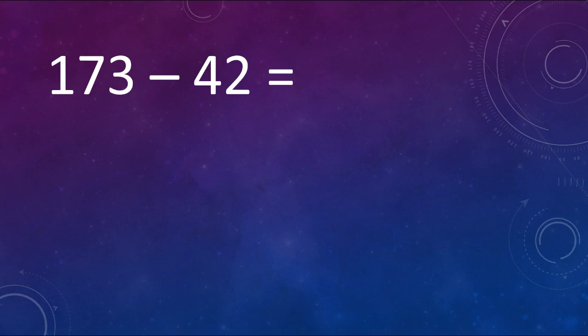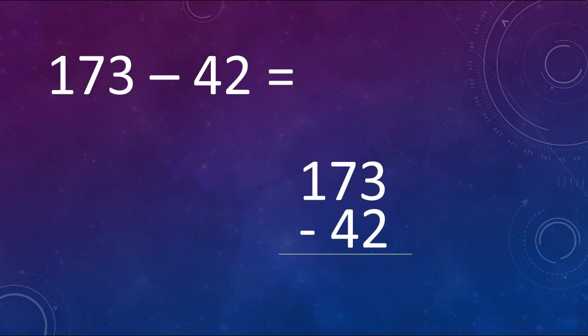Okay, so now we have 173 minus 42. So let's line that up vertically. Make sure your 1s are in line, your 10s are in line, and your 100s. Go ahead and solve this on your own. Alright, let's compare answers.